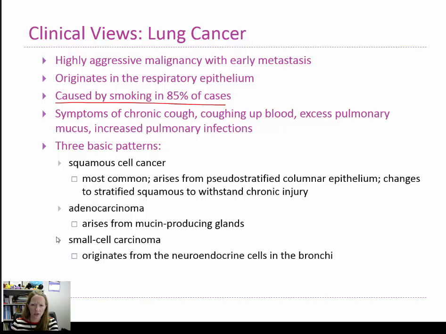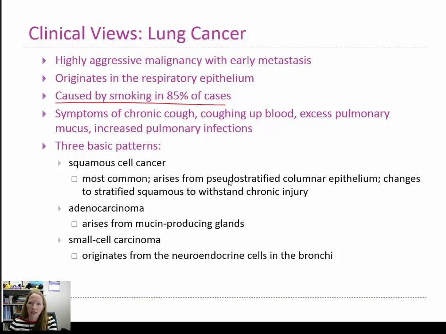Every country is going to have their different, I guess, number one cancer death. And in the United States, it's going to be lung cancer. Some of the symptoms are going to be chronic cough, coughing up blood, excessive pulmonary mucus, increased pulmonary infections.